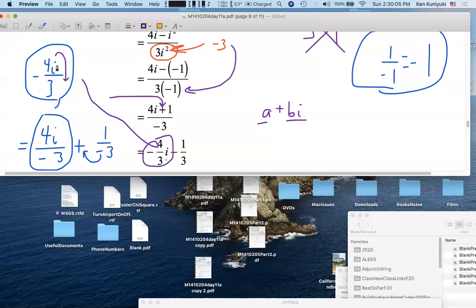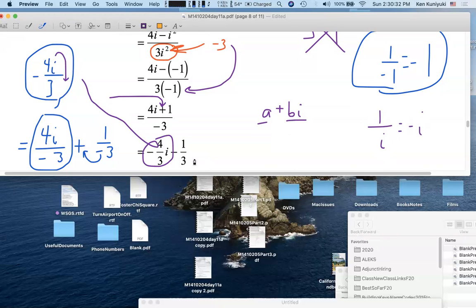But if i is a factor of the top, we are allowed to pop out the i like so. So once again, a -1 factor on the bottom, we can pop out on the side. But an i factor on the bottom, we cannot pop out to the side. An i factor on the top, however, we can pop out to the side. Incidentally, 1 divided by i is -i, not i itself.